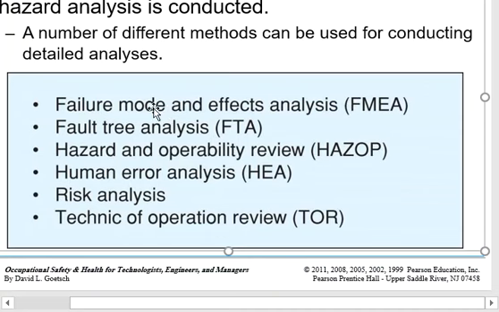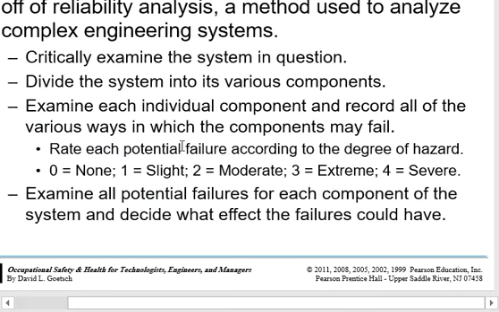We're going to go into those in more detail in a bit. The other one we call FTA, fault tree analysis. Then we have HAZOP analysis, the HEA analysis, human error analysis, risk analysis, and the TOR analysis, which is a technique of operation review.